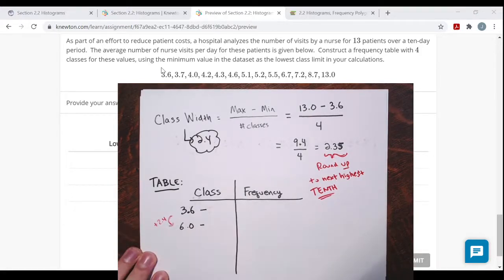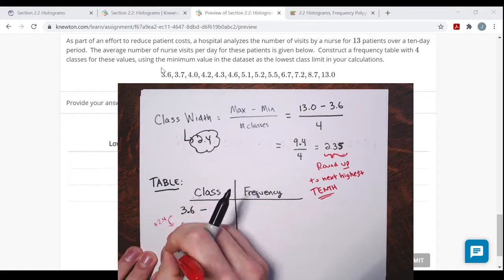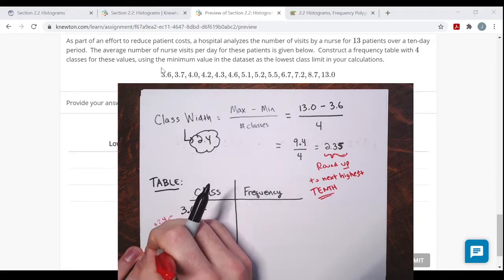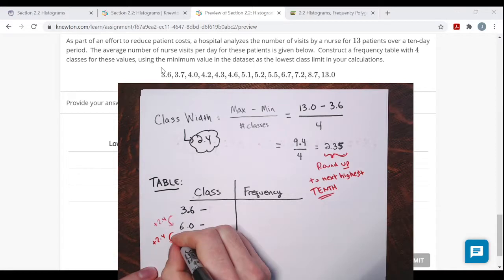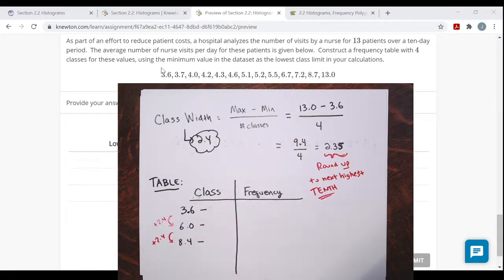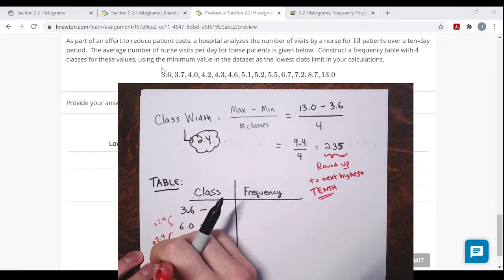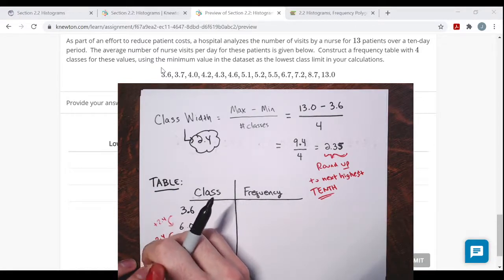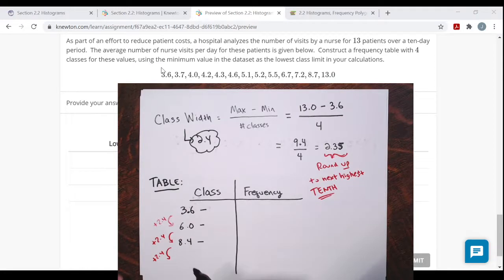Plus 2.4, that'd be 8.4 to blah. And plus the class width again, that'd be 10.8 to blah. All right, so I have the lower class limits in.